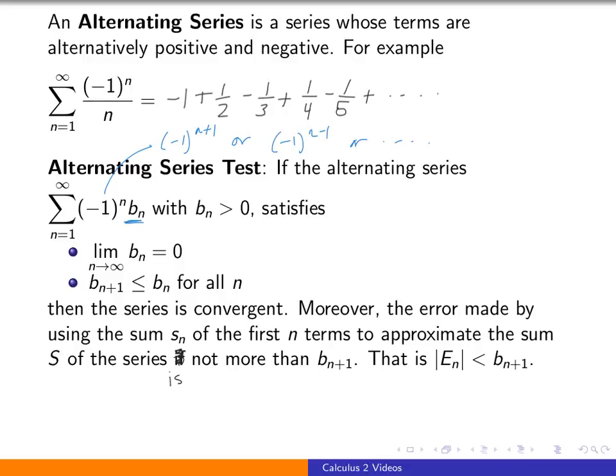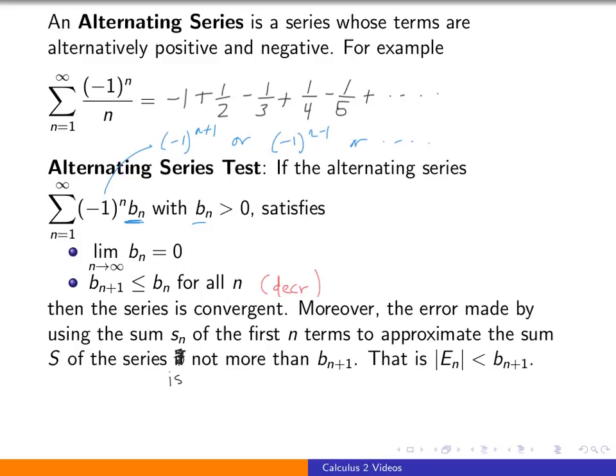So we're thinking the b sub n is going to be our indicator. We need the b sub n to be positive, and if it satisfies the following, it has a limit of 0, and it is decreasing, if those two things are satisfied along with the b sub n being positive, then the series is convergent by the alternating series test.